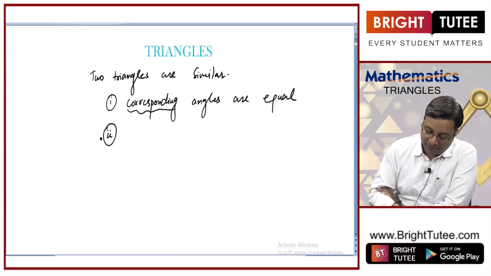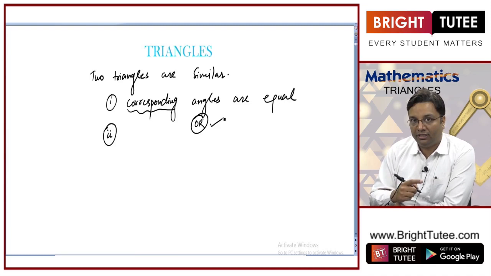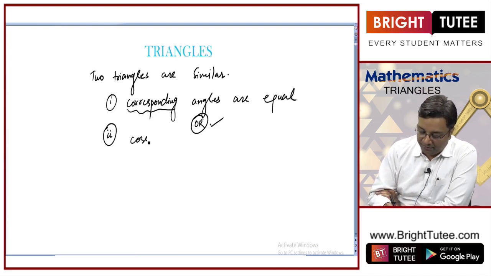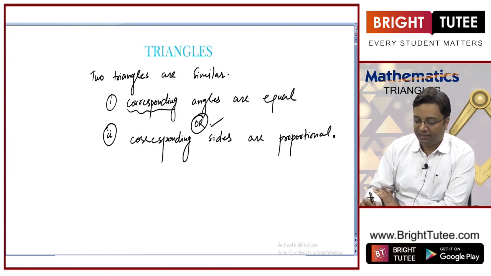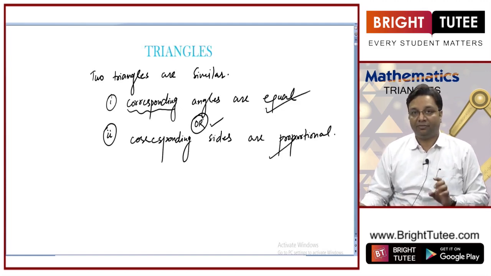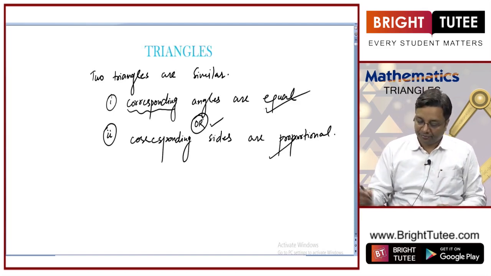The second thing was, and we wrote or, and we understood why or is written and is not written here. Corresponding sides are proportional, right? If any of these two conditions is met, then the two triangles are said to be similar, right?